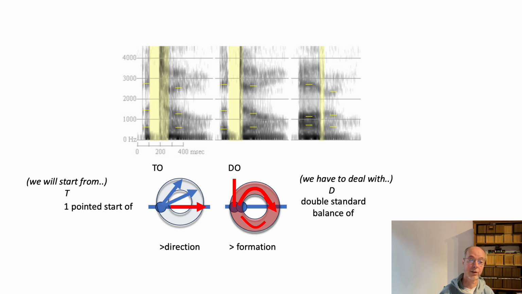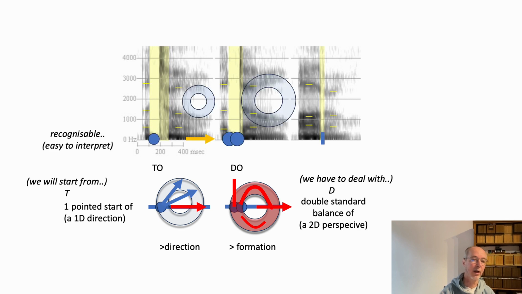So there's not just one point where you start from, but a double standard. There's a balance that you need to find, and this balance needs to be found in the volume. You can even see that in the reflection of the spectrograms. And then it's also easy to interpret. If you just have one point of connection, the emphasis is on the direction where you can go to, like the expression of to.